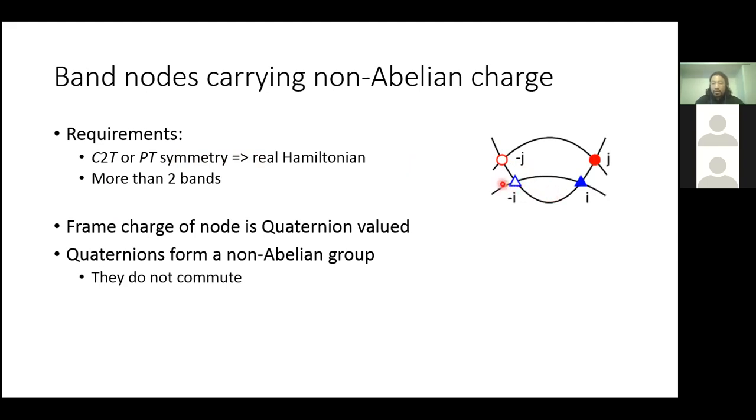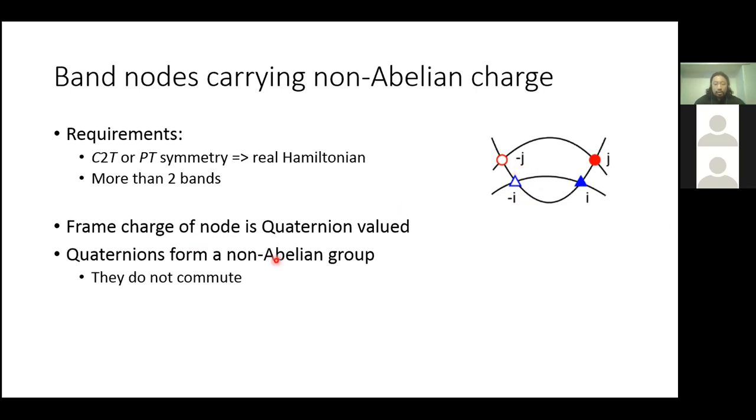For example, here we can label -1 or I as the first gap, and then -J and J as the second gap. Using some mathematical calculations, we can show that these nodes are related to frame charges. The frame charges associated with these nodes are quaternion values, so we can label them I and J, which belong to the quaternion group.